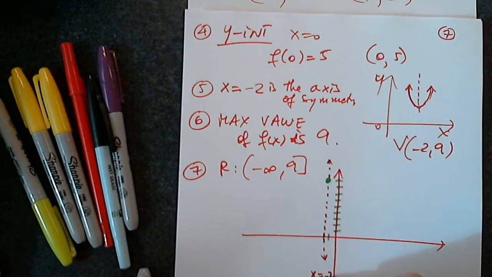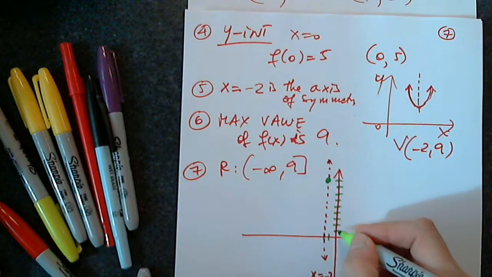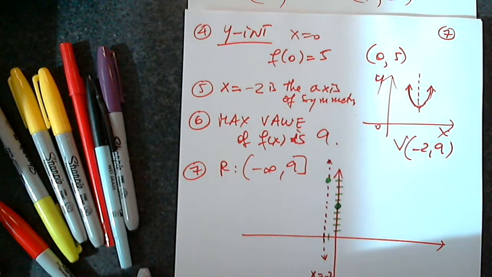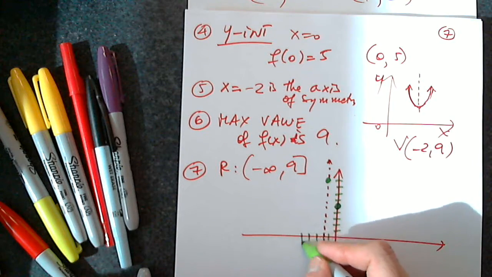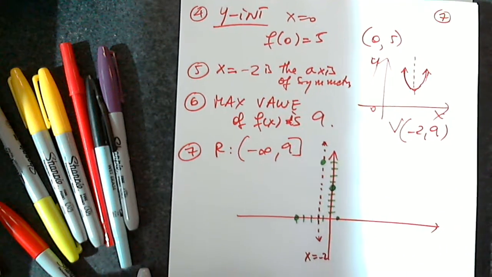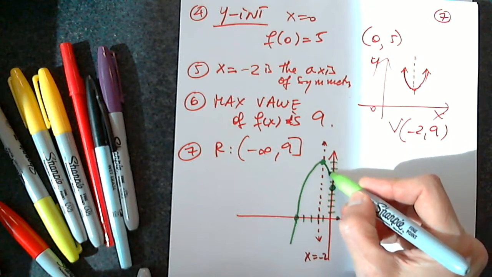So x equals -2. Now I know it crosses the y-axis at 5, and I know the x-intercepts are -5 and +1. I'm going to try to graph it as smoothly as possible, as continuous as possible.